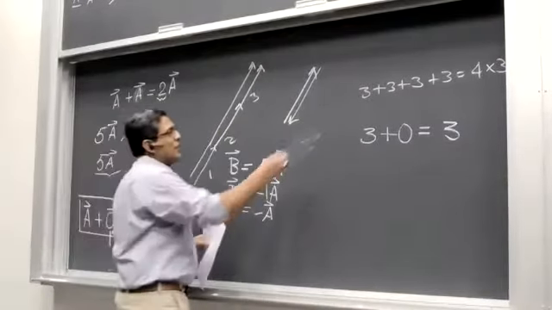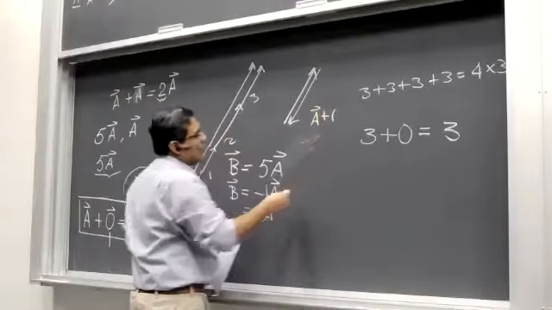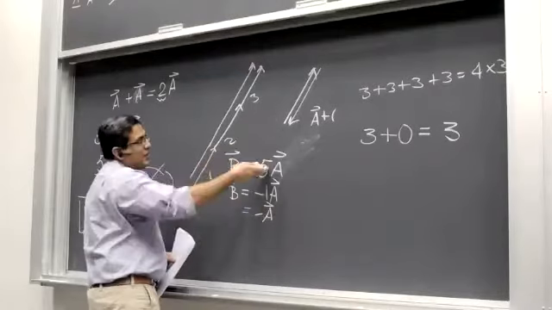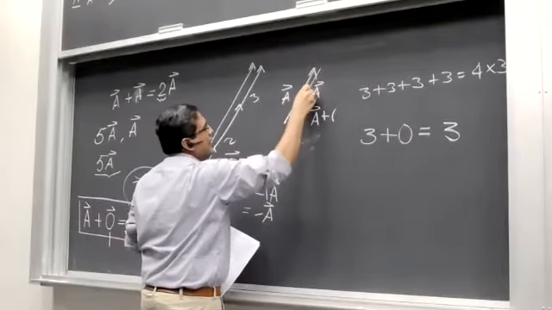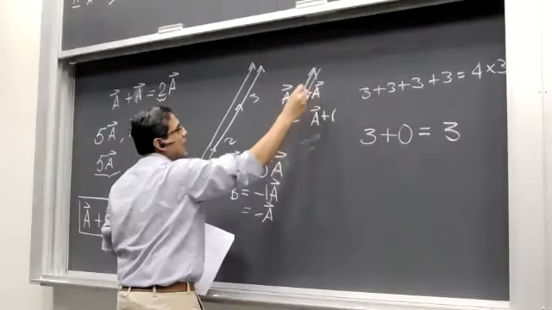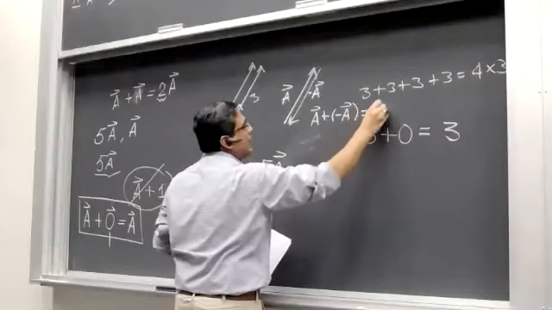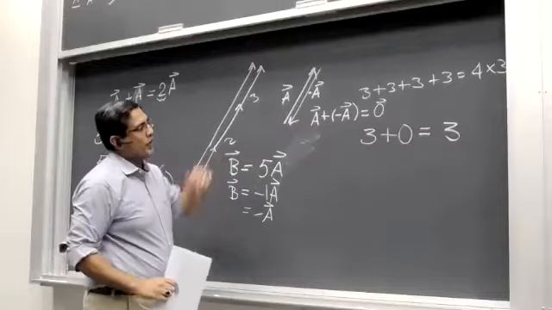So that would be a plus minus a. So now subtraction is just like adding two vectors. It's another vector just pointing in this direction, a and minus a. So if I add these two vectors, a and minus a, I get the null vector. So this is what null vector means, going nowhere.